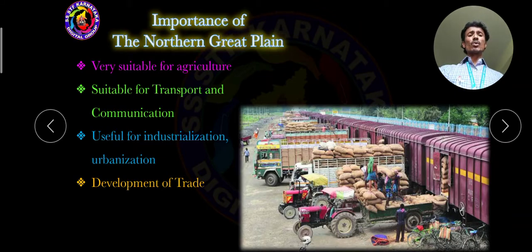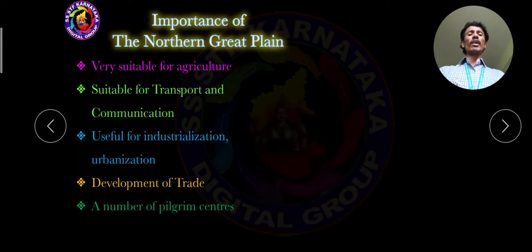Agriculture, transport, communication, industrialization and urbanization are properly going on. When all these are going on, development of trade is possible.